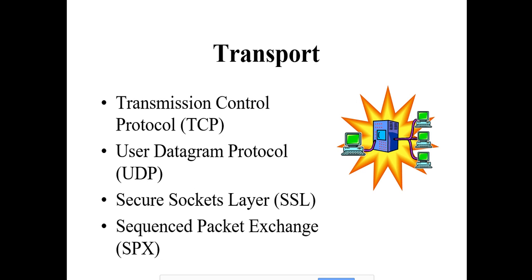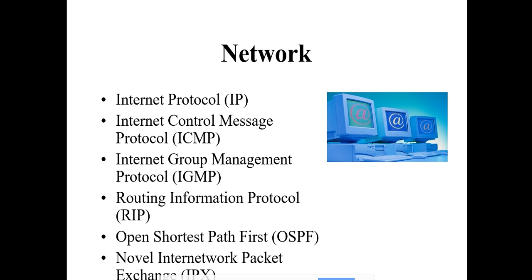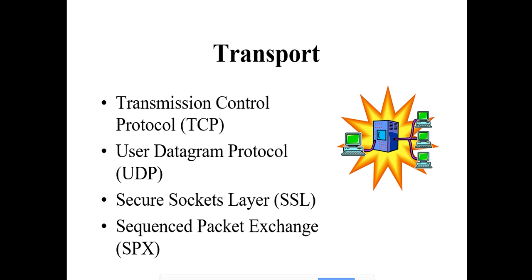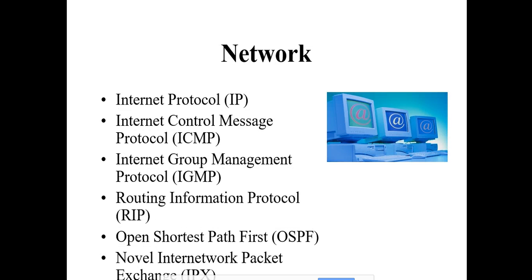At the transport layer, this is where we see the delivery being made and the control of a specific packet to an address, which is the IP layer on the network. So the transport would actually be how it's going to get there, and then the network would be where it's going on the network.